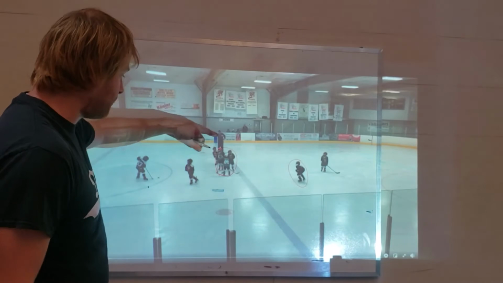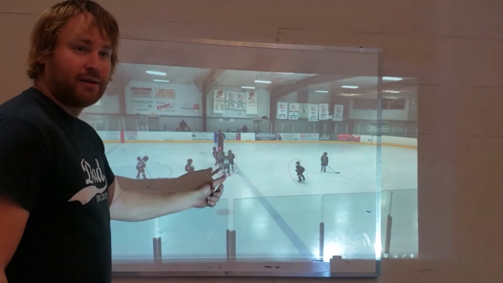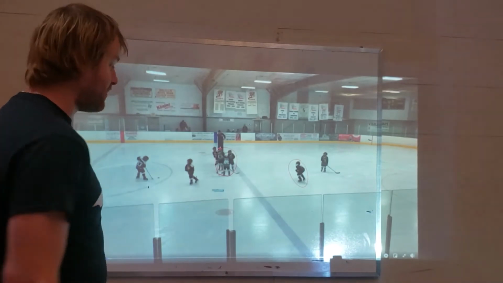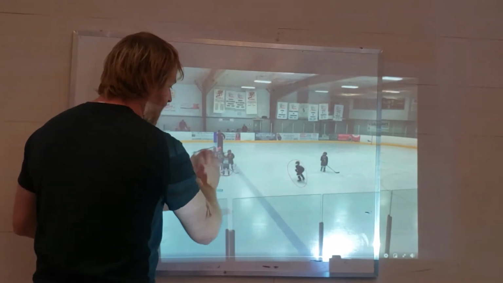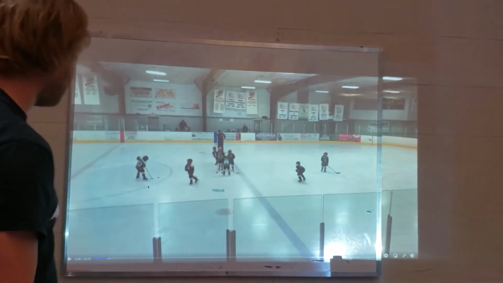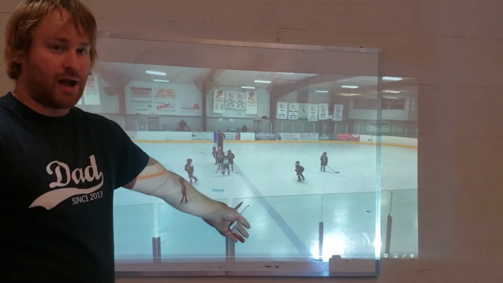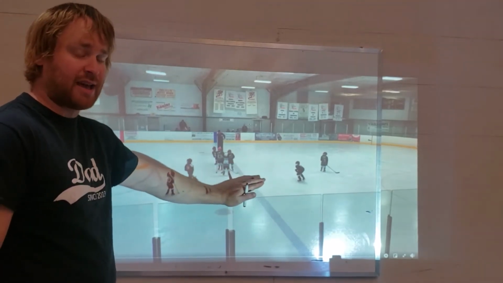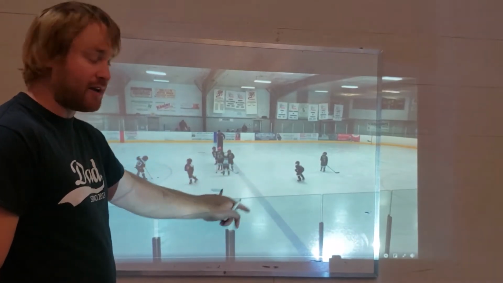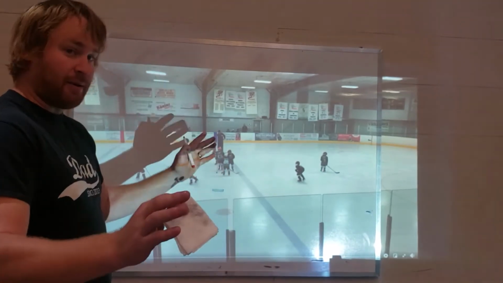So just because Coach Tom is yelling offside, offside, doesn't mean you guys stop. You turn around, you find that puck. The offside does not matter to us when it's our blue line. Okay, the offside only matters to us when it's their blue line. Okay, we can do whatever we want around our blue line. There's no rules as to what we can and cannot do with the puck around our blue line. So just because Coach Tom says offside doesn't mean you guys just stop.